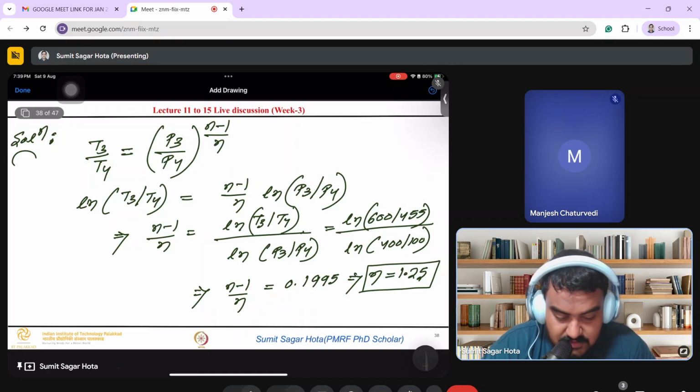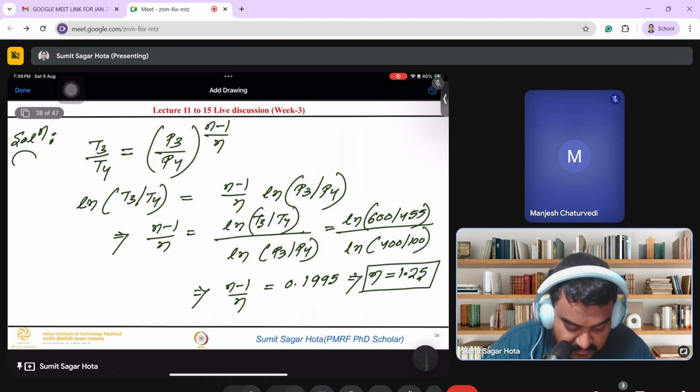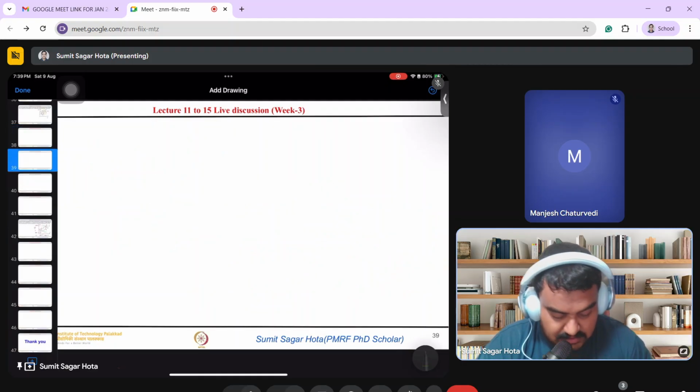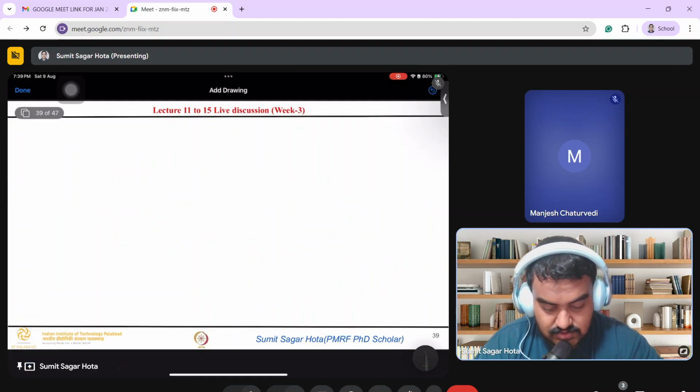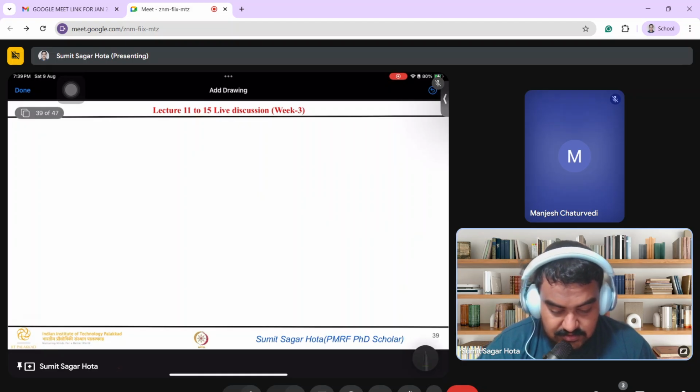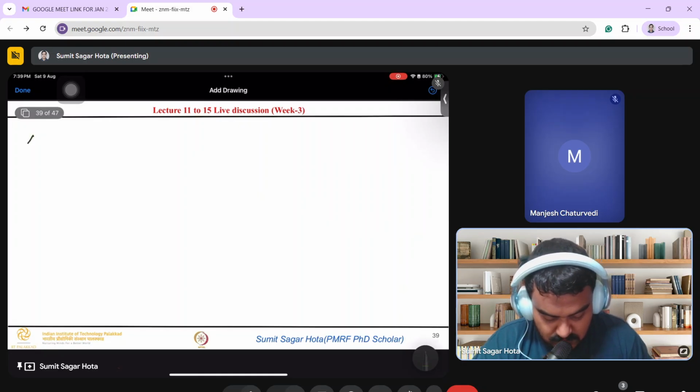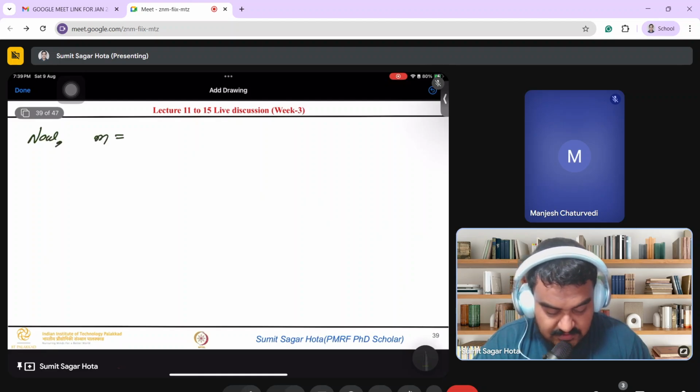Next, we will find out the mass from the ideal gas equation, because for the work we also need mass. Now we're considering it as an ideal gas. So for an ideal gas, pV equals mRT. So m is equal to p1 v1 by R T1.